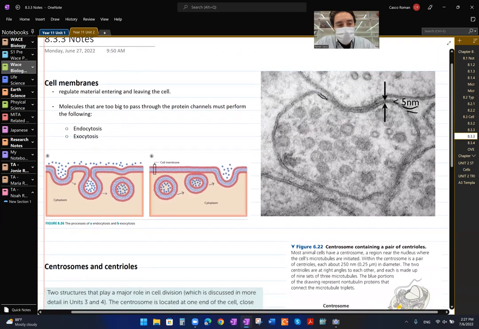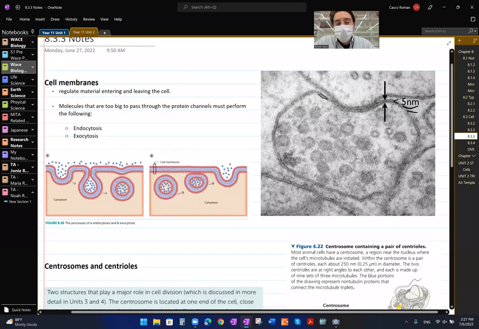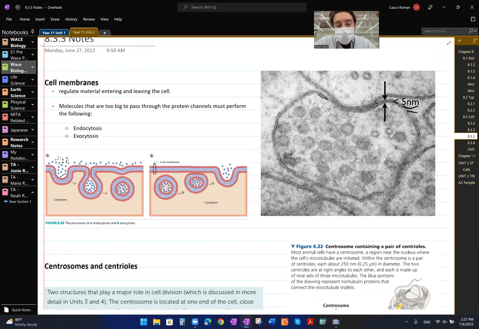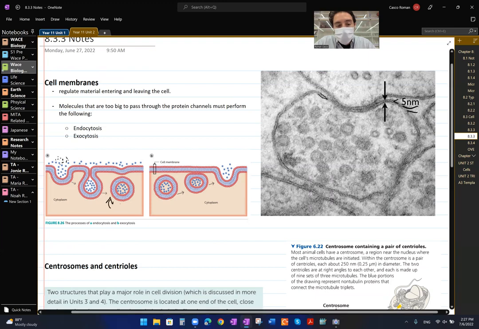Though there are materials that can't readily get inside the cell, so they need to undergo a certain process called endocytosis, which you are familiar with. Basically, a lot of molecules get into a certain region of the cell, and the cell engulfs them by wrapping around a little bit of membrane. Then it turns essentially into a vesicle that will go into the cell area.